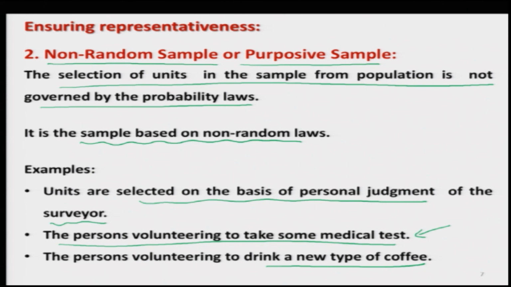Similarly, in the coffee experiment, you cannot decide yourself who has to compulsorily drink the coffee; first you have to ask their wish, their decision, and only then can you offer the coffee. So this is not a sample based on the laws of probability, and it is called a non-random or purposive sample.